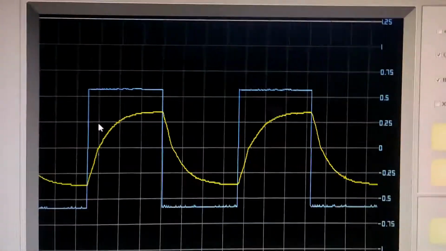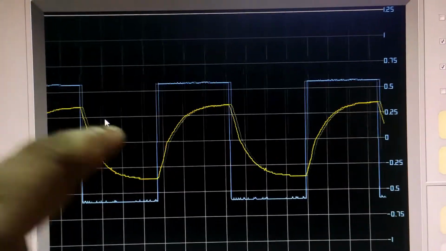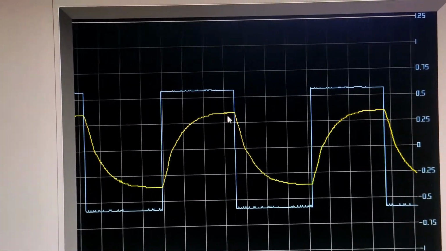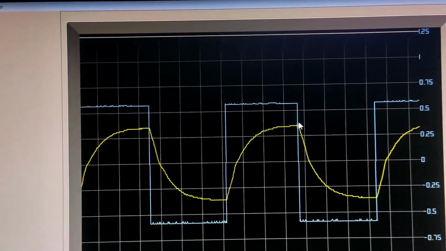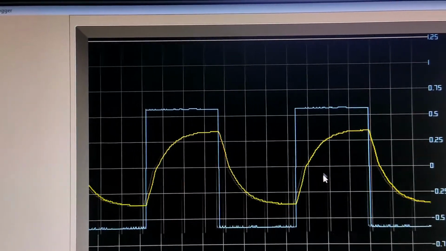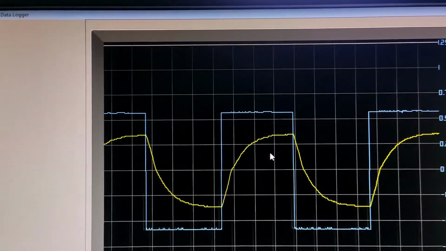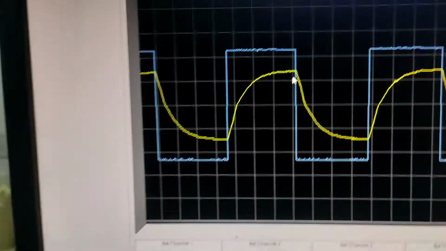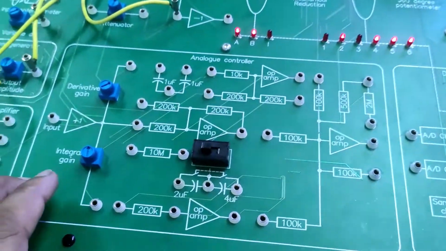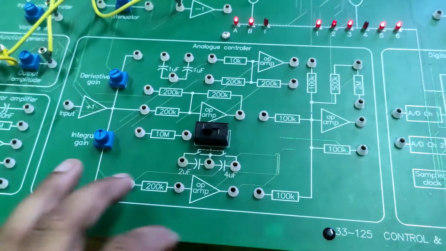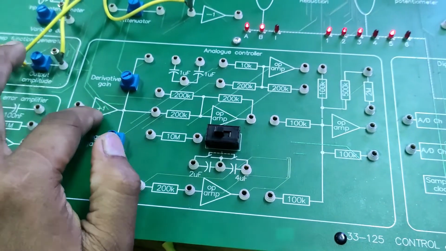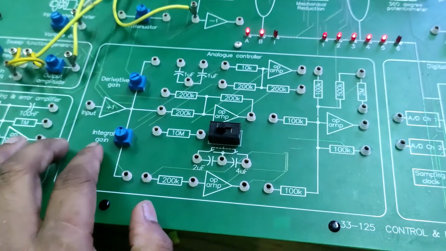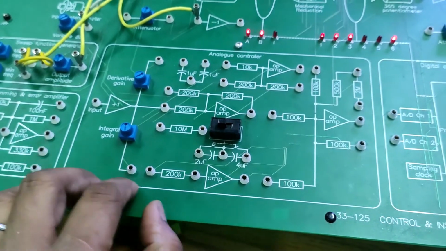So accordingly, you see this graph of the output shaft, which is yellow, it will come lower due to this loading on the motor. If you use a controller here, this is an analog controller panel, where you are given one proportional controller, a derivative controller, and one integral controller.